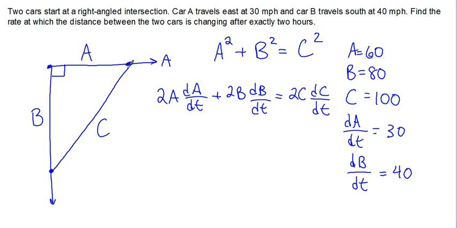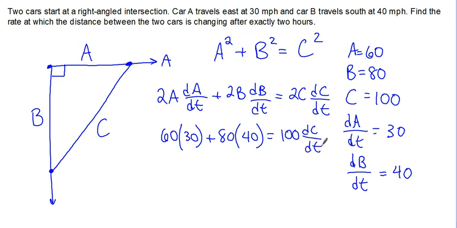They all have a 2, so we can divide the 2 out of all of them. And A is 60 times dA/dt, which is 30, plus B is 80 times dB/dt, which is 40, equals C, which is 100, times dC/dt.